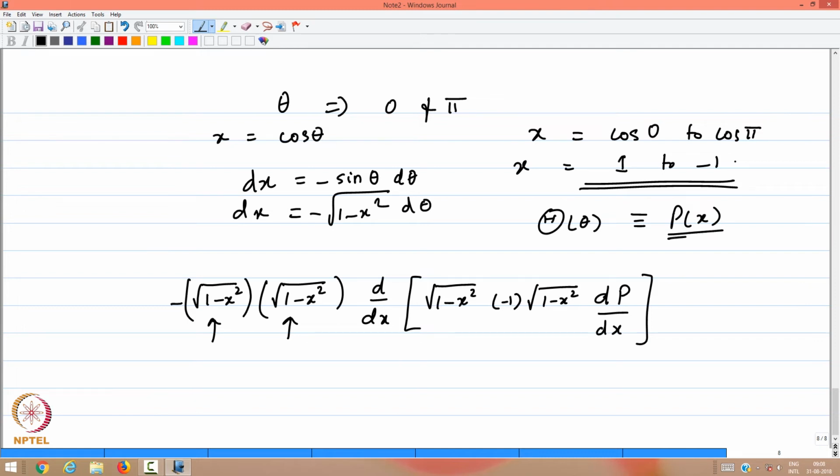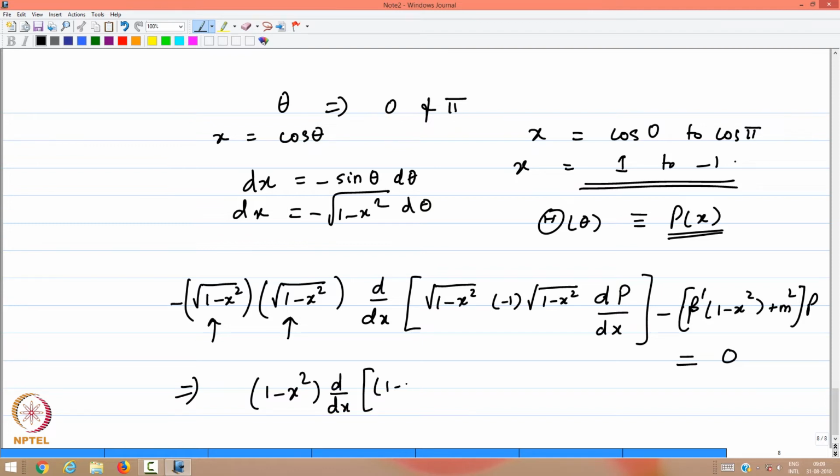So the function that we are looking at is the function P of x, and then the remaining term, minus beta prime into sin square theta, is 1 minus x square, and then you have m square multiplied by P. This is equal to 0, which if you simplify becomes the well known equation: 1 minus x square d by dx of 1 minus x square dP by dx minus beta times 1 minus x square plus m square P is equal to 0.